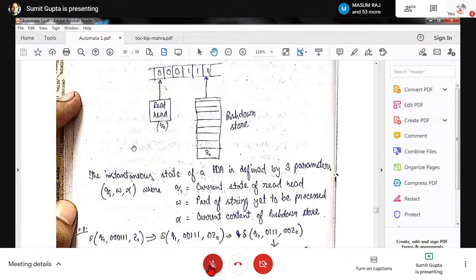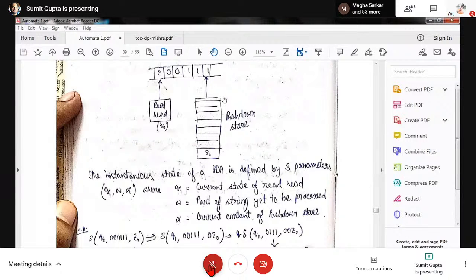The states are represented by circles, if you remember the transition graph. W is the part of the string yet to be processed. In the beginning it would be 0, 0, 0, 1, 1, 1, the full string, and after each processing we will be reducing the string. And alpha would be the current content of the pushdown store, so initially it would be Z0.